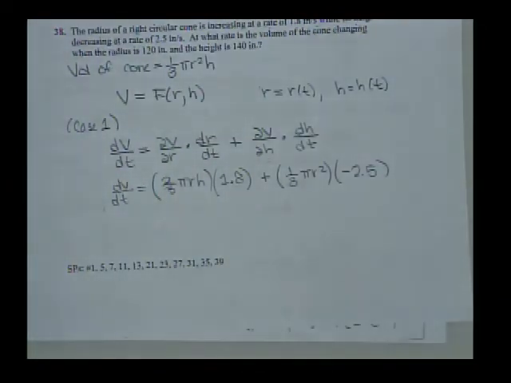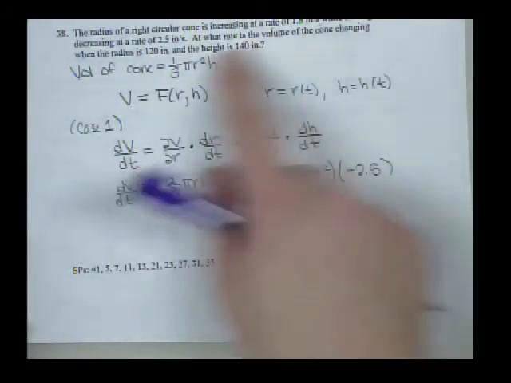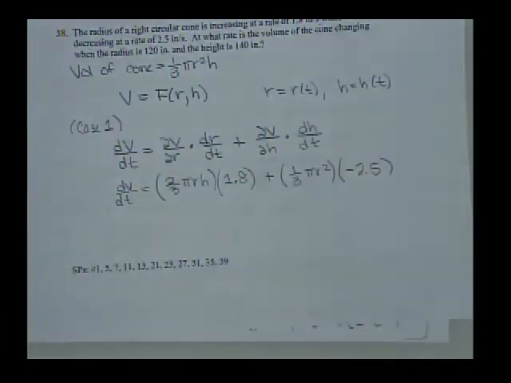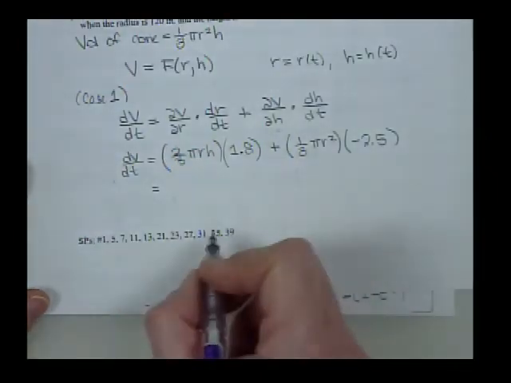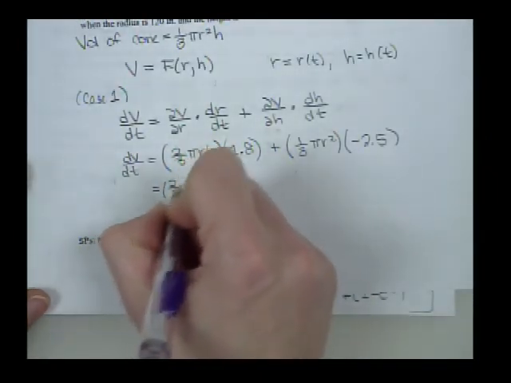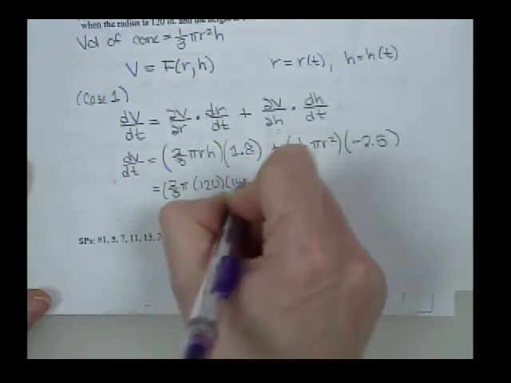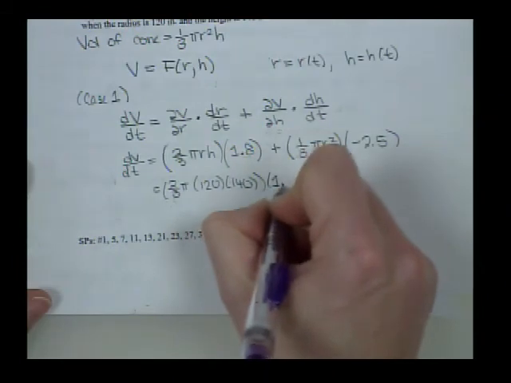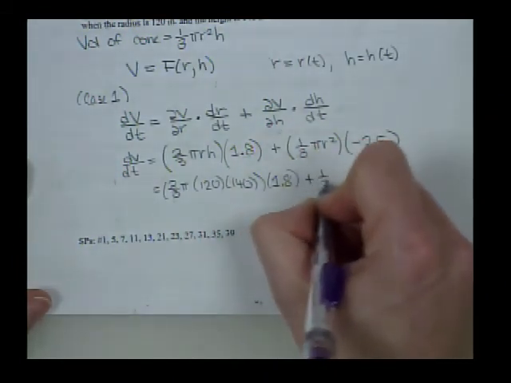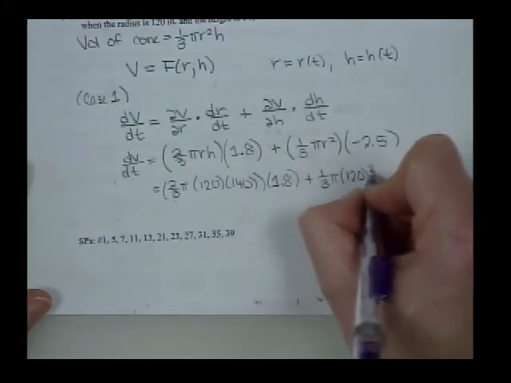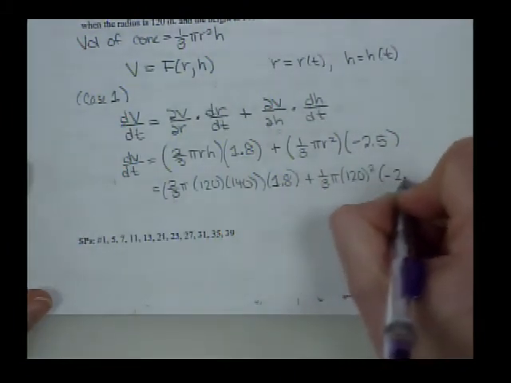And then the other things we can put in are 120 will go in for r, and 140 will go in for h, and then we'll have the numerical answer. So we have 2/3 pi, and then the r is 120, and the h is 140, plus 1/3 pi 120 squared times negative 2.5.